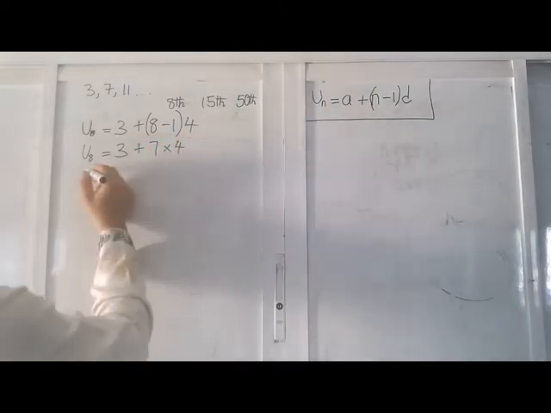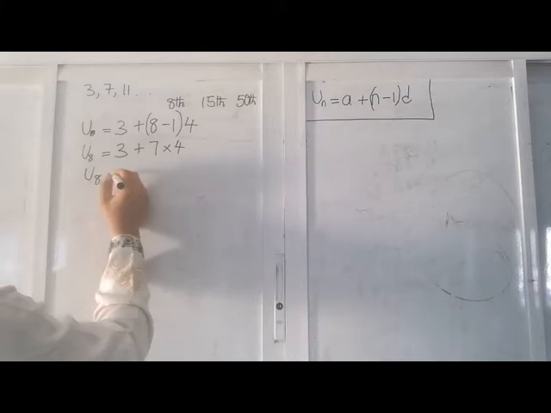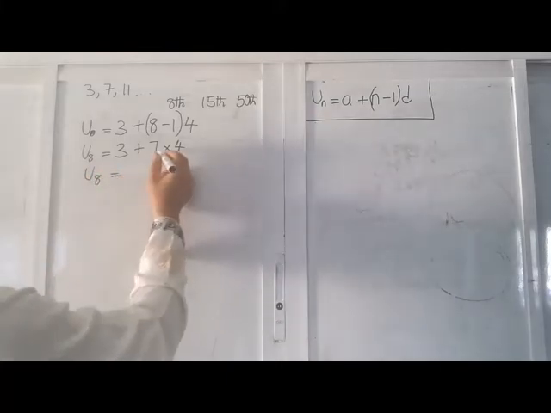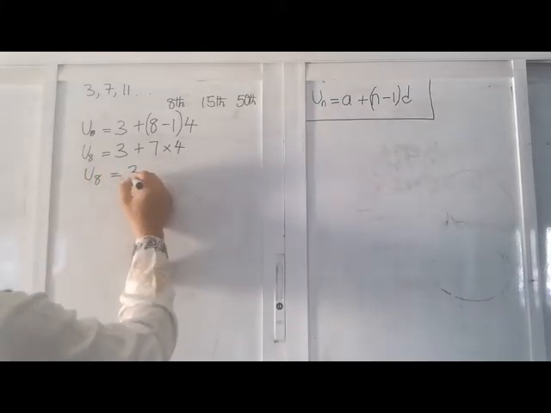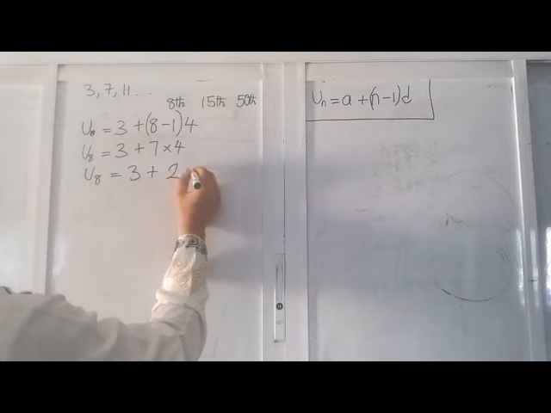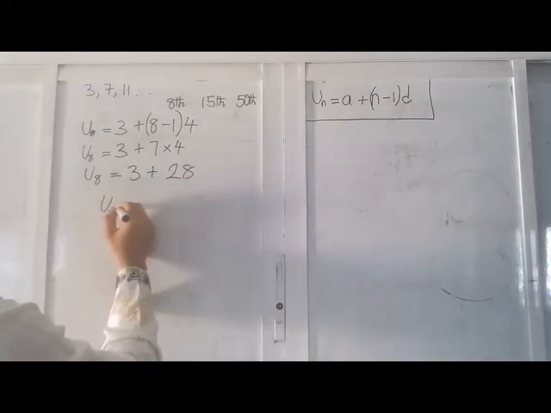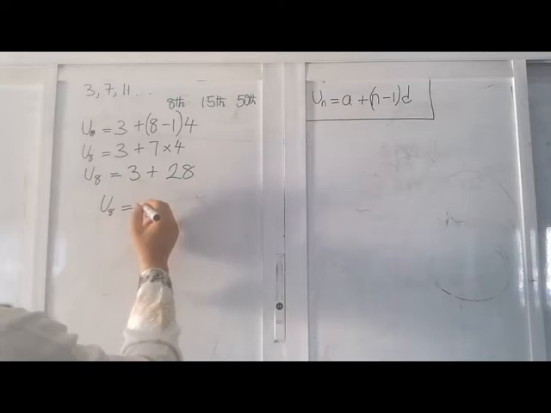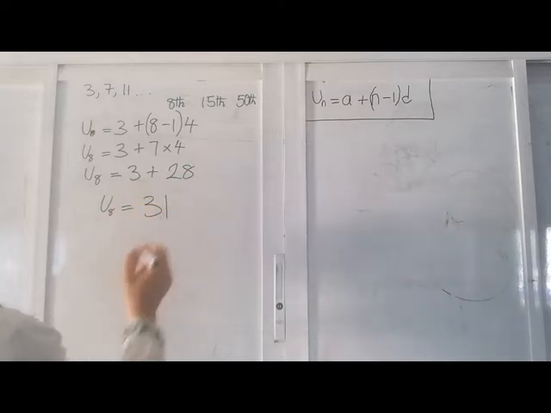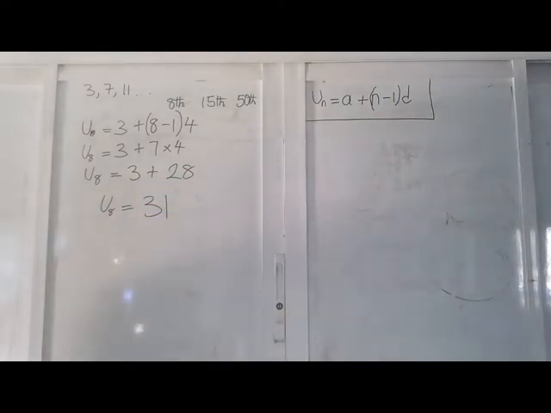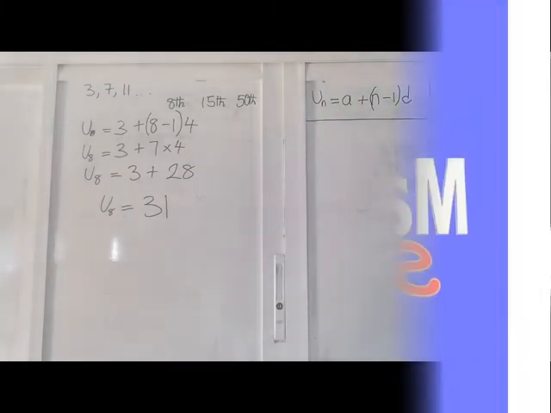This means that the 8th term will be 4 times 7 is 28. 3 plus 28 will give us 31. So the 8th term for this problem is 31. Let's go for the 15th term.